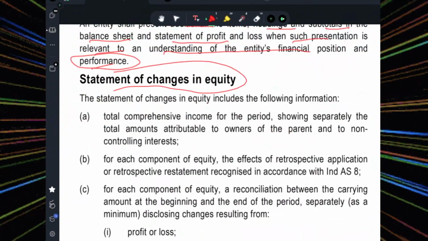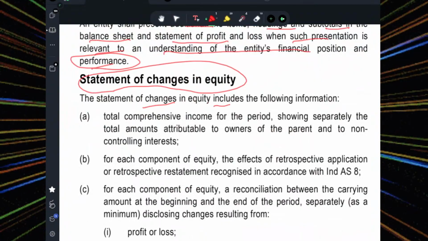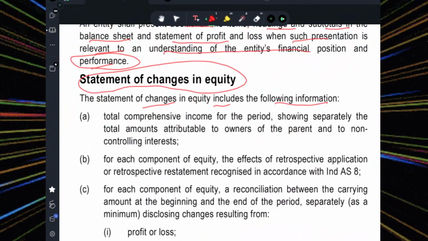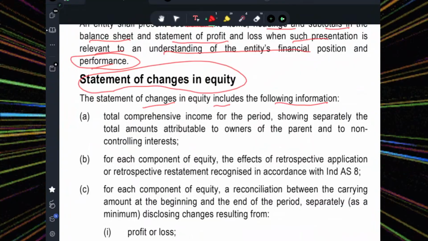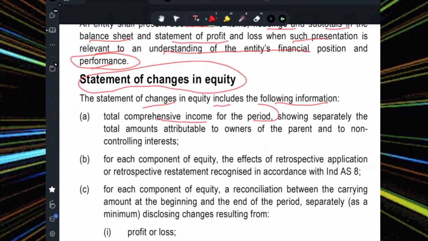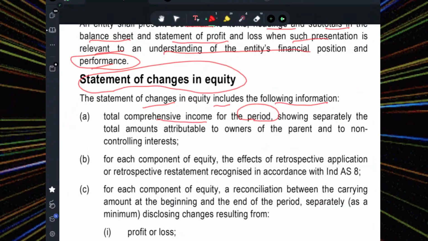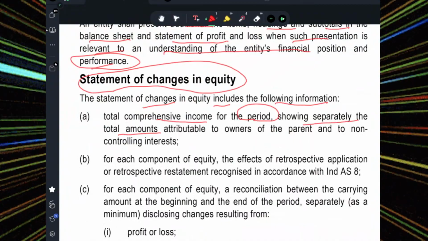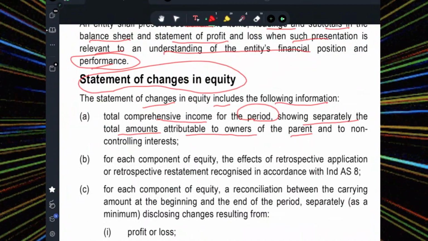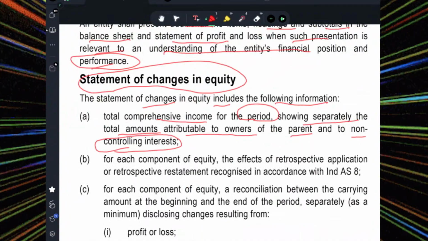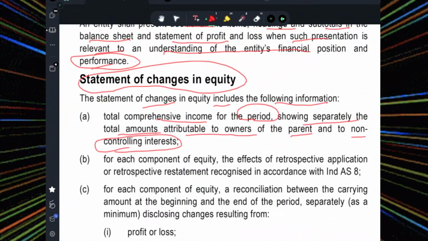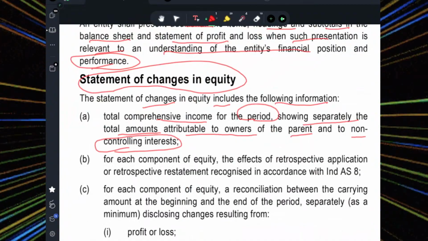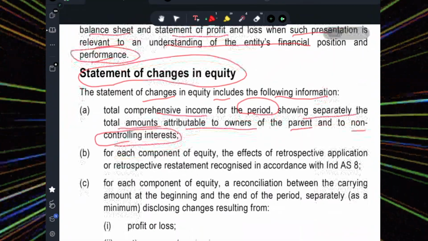What is a statement of change in equity? A statement of change in equity includes the following information. What is the information? Total comprehensive income for the period, showing separately the total amount attributable to the owners of the parent and the non-controlling interest. So the comprehensive income including other income is attributable to them.